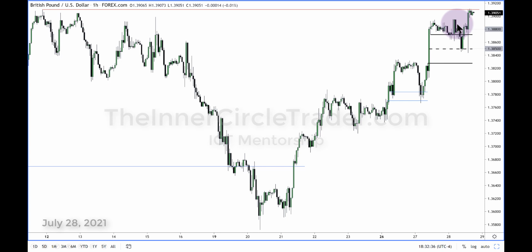So is it likely to come all the way back down into this level here where resistance broken becomes support? No, that's retail logic. We take this area here and we draw that out in time, so that we know that's a potential area where price could gravitate to and rebound. But we'll talk about that when we drop into lower time frames.